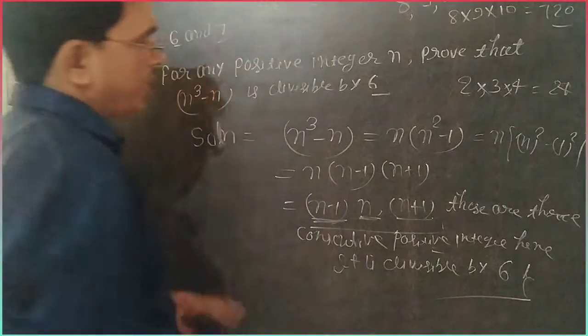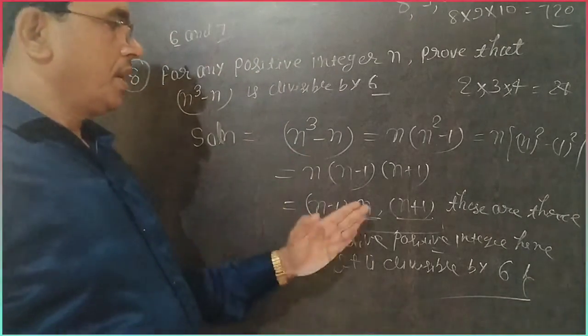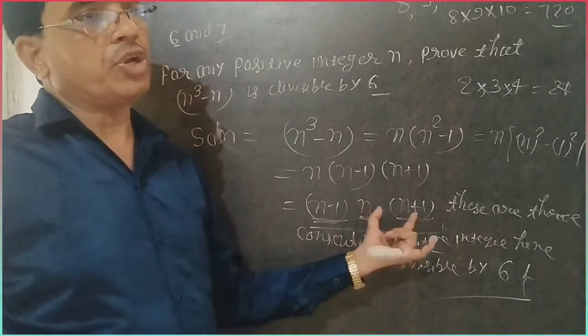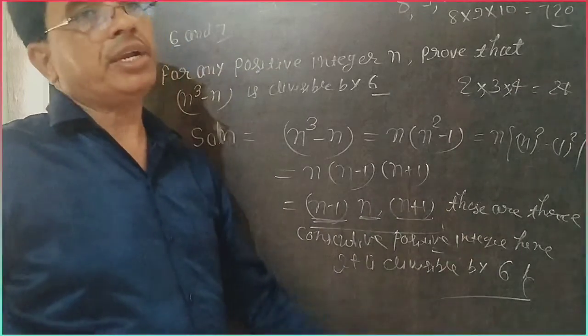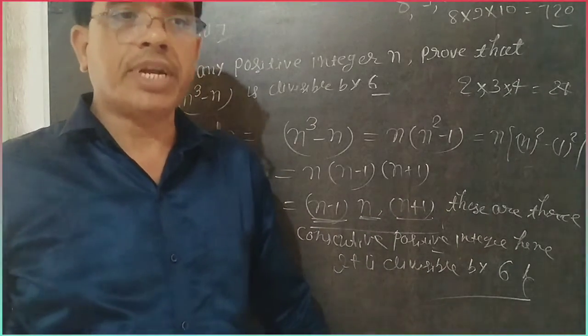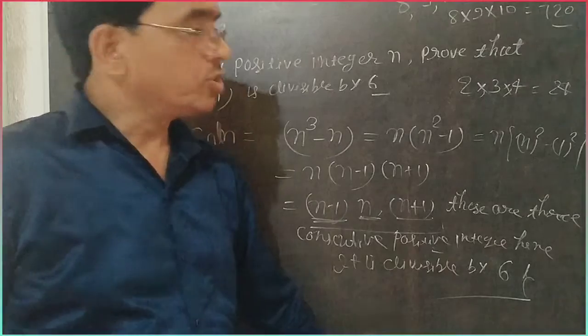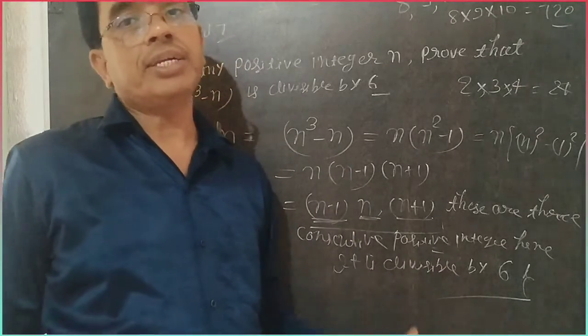Clear. So you first factorize it and then you write that these are three consecutive numbers, and we know that any three consecutive positive integers are divisible by 6. So this number is also divisible by 6. That's all.